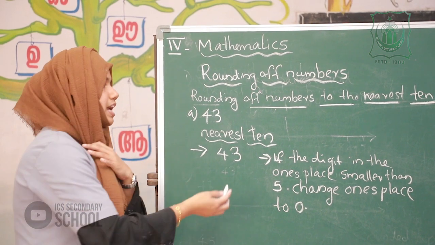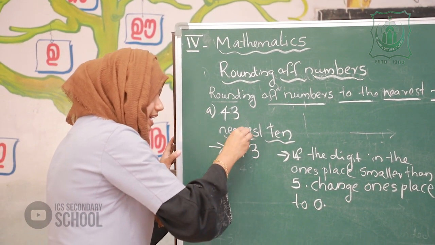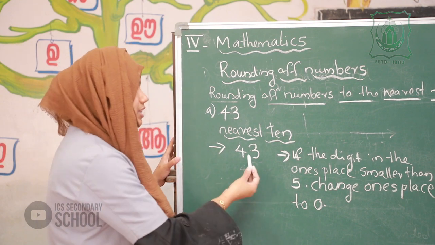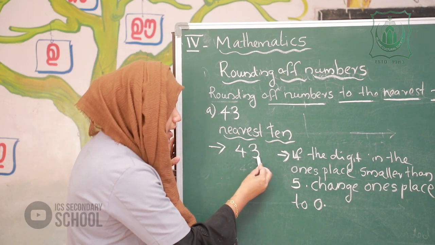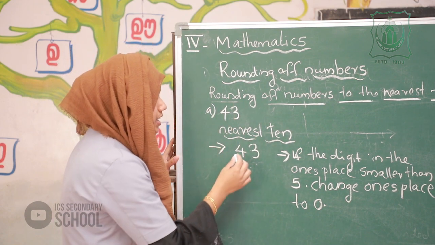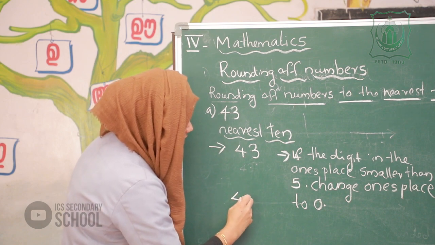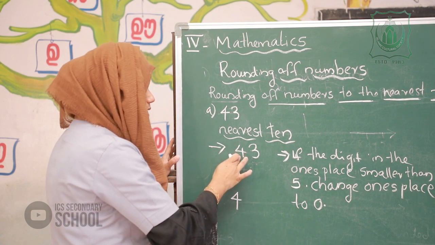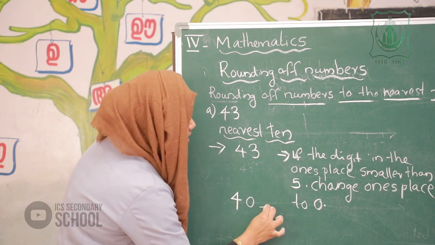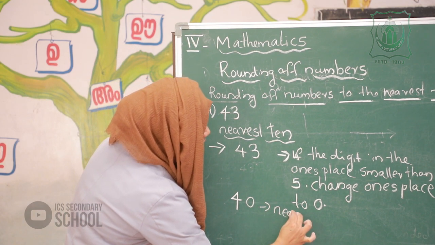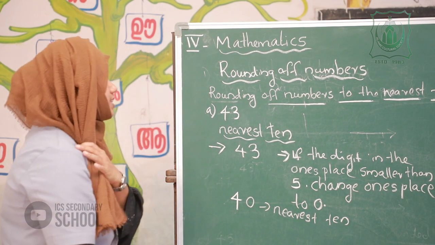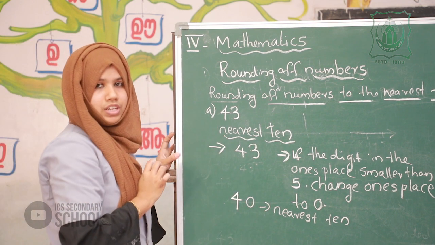If you get a number and you have to find out the nearest 10, that means look at the ones place. The ones place is smaller than 5. What happened? There is no change in tens place. Make the ones place 0. 40 is the nearest 10 of 43.